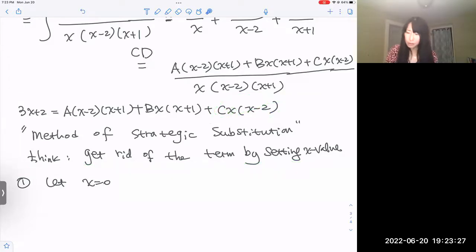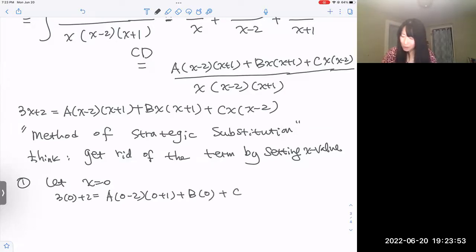Then 3x + 2 gives 2, equal to A(0 - 2)(0 + 1). B is also 0 and C is also 0.